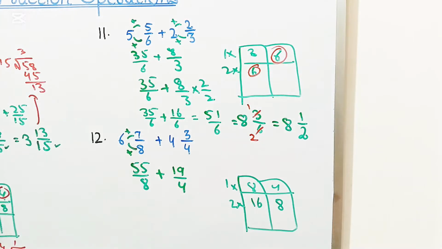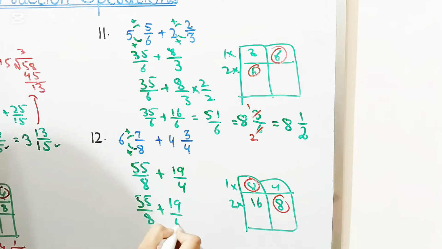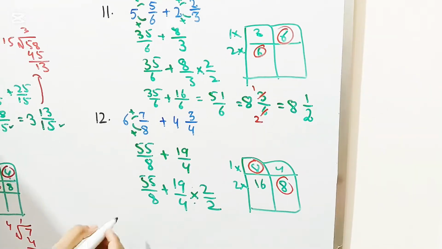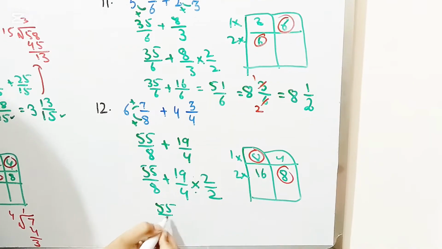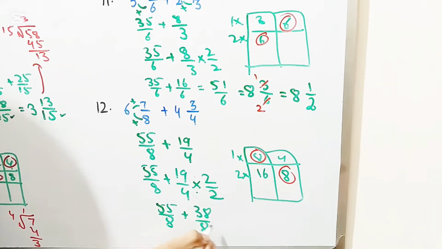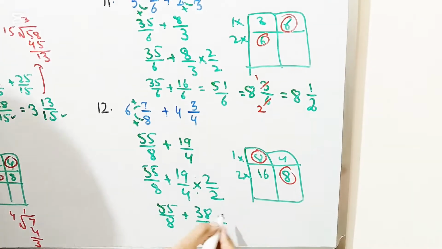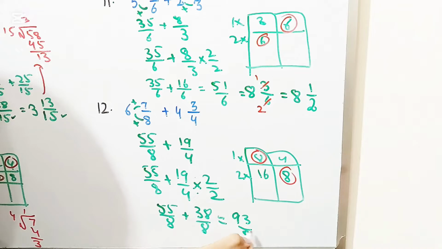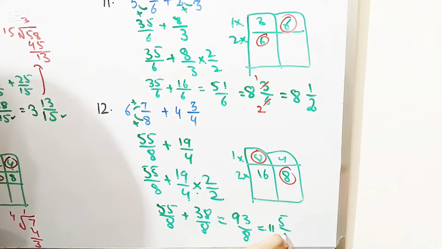We find the same denominator, 8. We don't change the 8. 55 divided by 8, 19 divided by 4, multiply by 2. We multiply the numerator with 2, then the numerator with the same number 2. 55 over 8 plus 38 over 8. My answer is 93 by 8. When we divide them, my answer is 11 5 over 8.